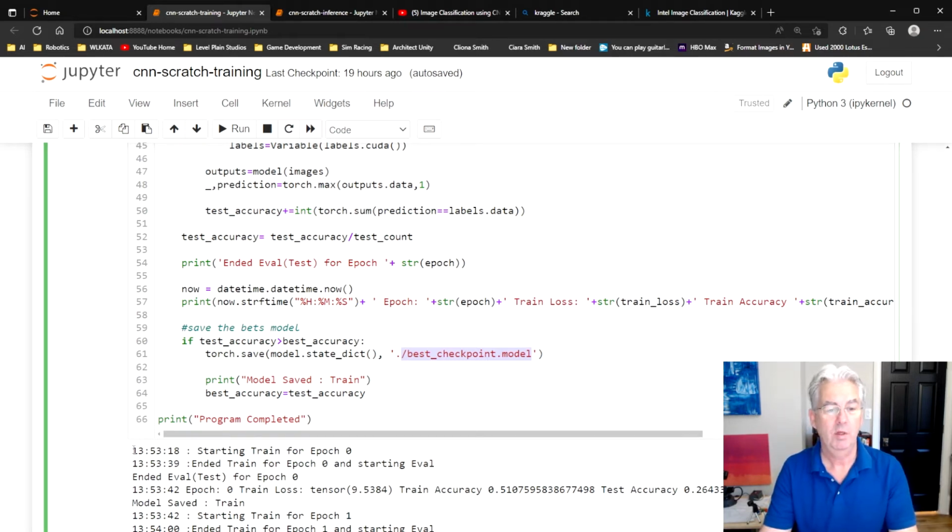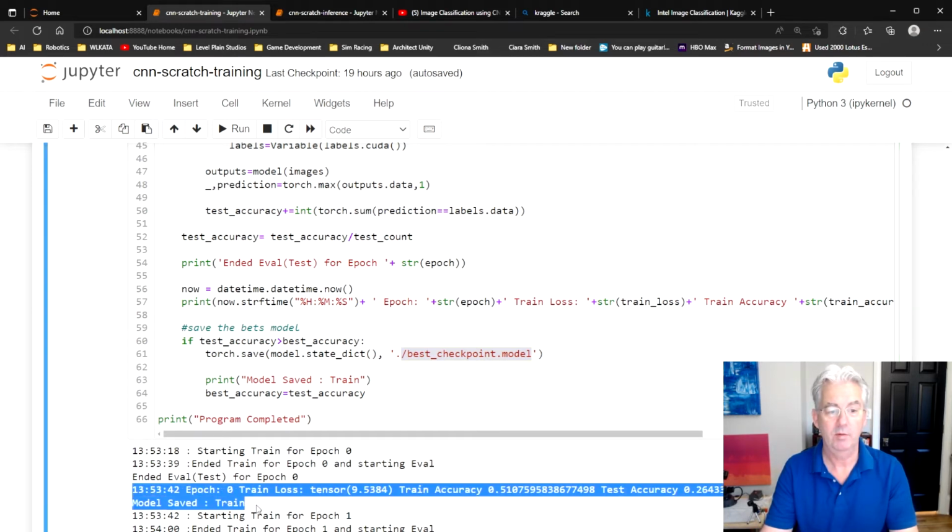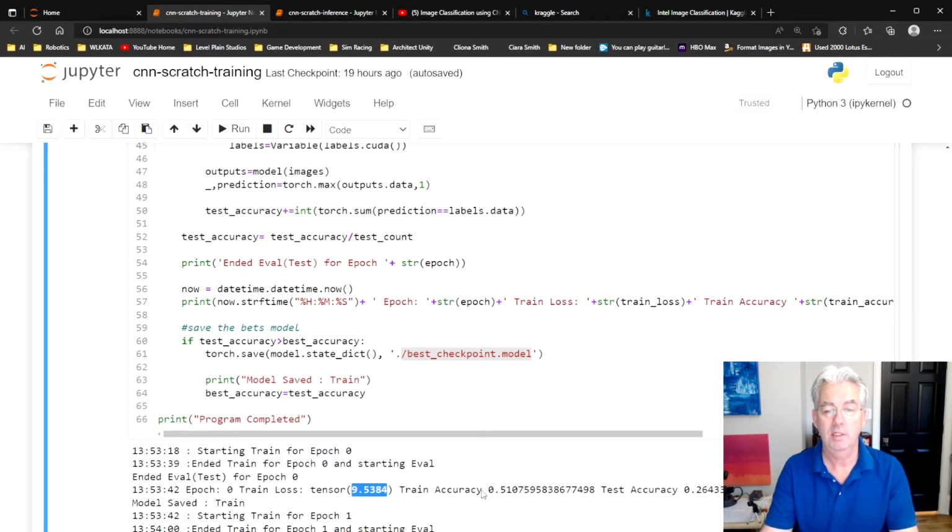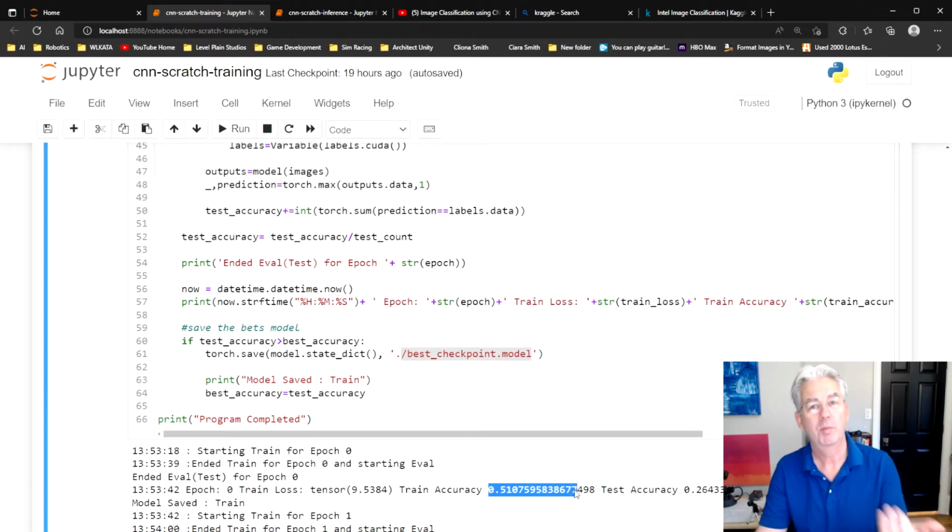And you can see down below here, when I ran this the last time, some information. So we start on it. This is the important line. At this line the loss was this, the training accuracy was 0.5, and the test accuracy was this. Now that is horrible. It should be above 0.9. 1 is perfect.